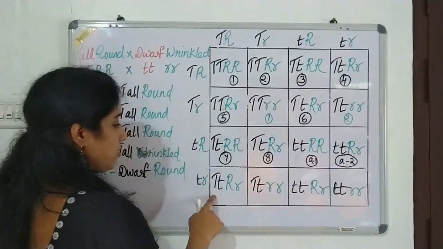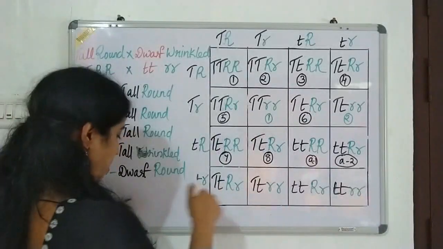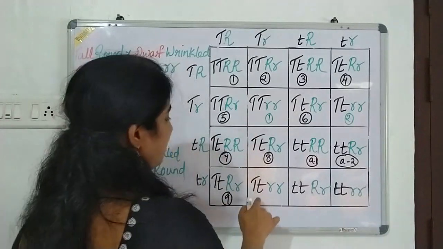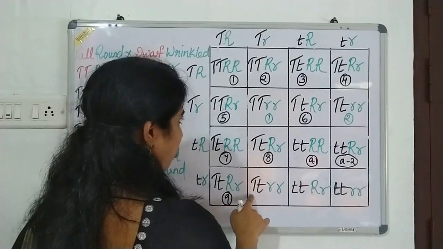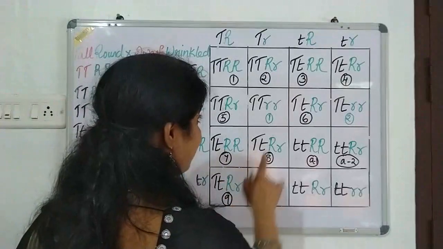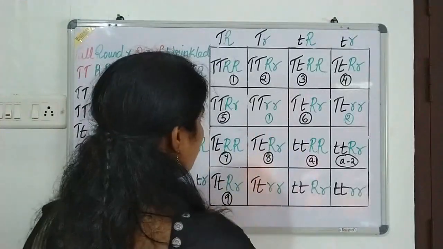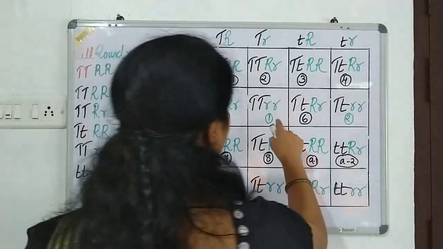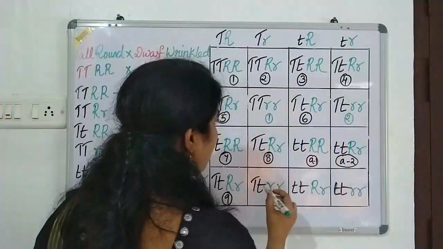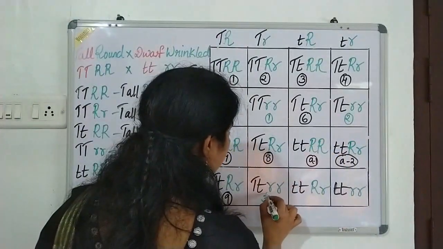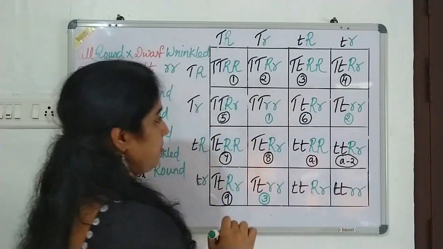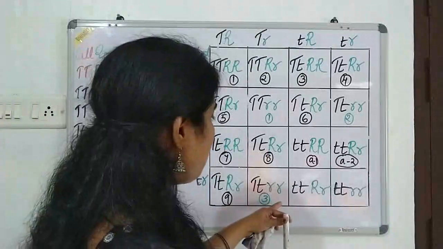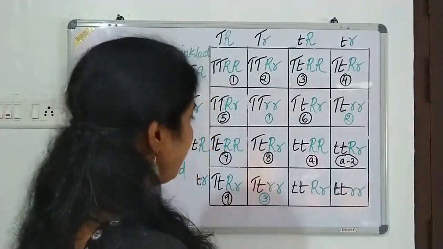And what about this? Tall, round. So 8, this is the 9. And this one what? Tall, wrinkled. So how many have we written already? Tall, wrinkled, 1, 2, and this is the 3. Then again 2 are left.